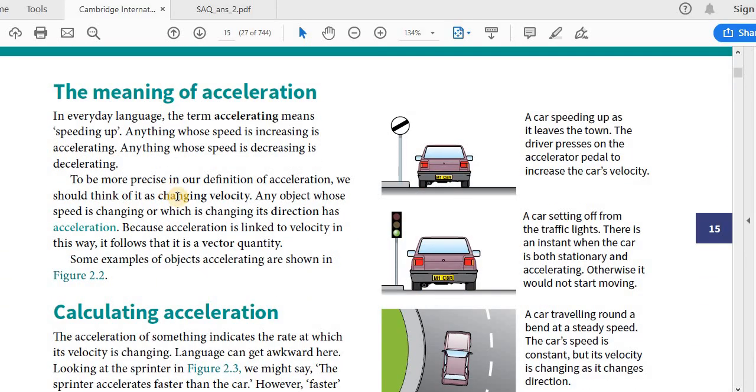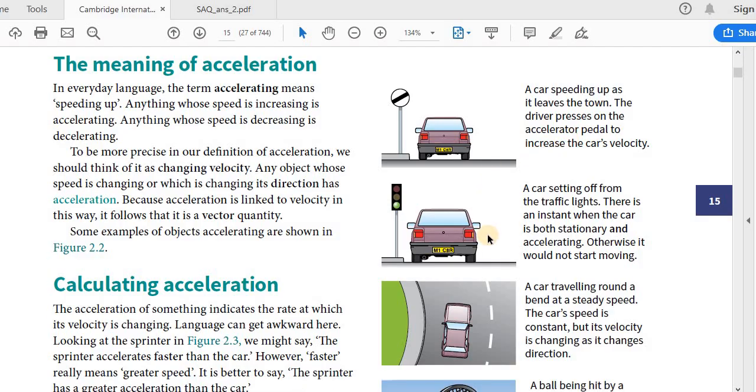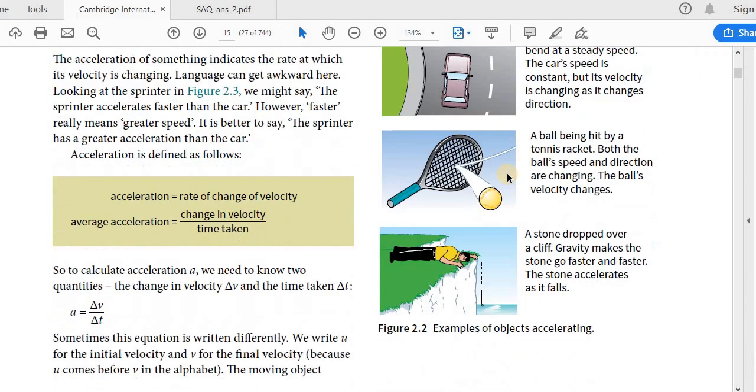Then here we have some examples of what forces can do. Now let's go through this bit also. Examples of objects accelerating. Whenever there is a resultant force, there is an acceleration. Now this resultant force causes the acceleration, not the other way around.